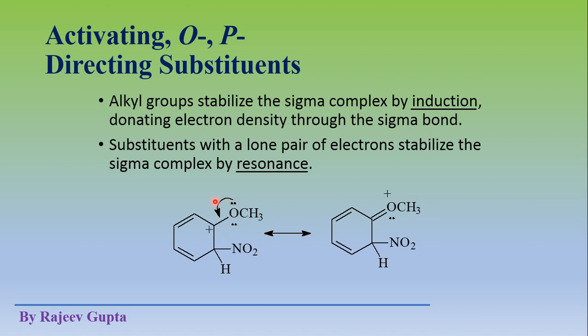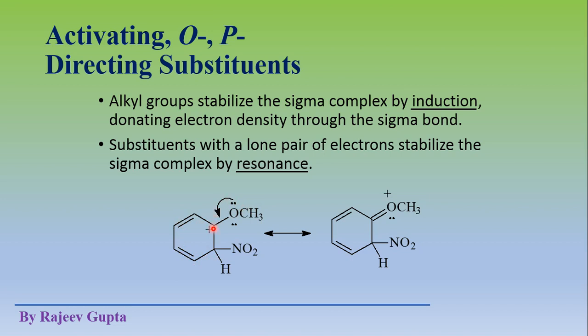Now this is the new case where substituents contain lone pairs of electrons and stabilize the sigma complex by resonance. Okay, this is stabilized by resonance. This is a new thing, resonance, where these lone pairs go inside the ring system, because all this is in conjugation. These lone pairs are in conjugation with this conjugated system.